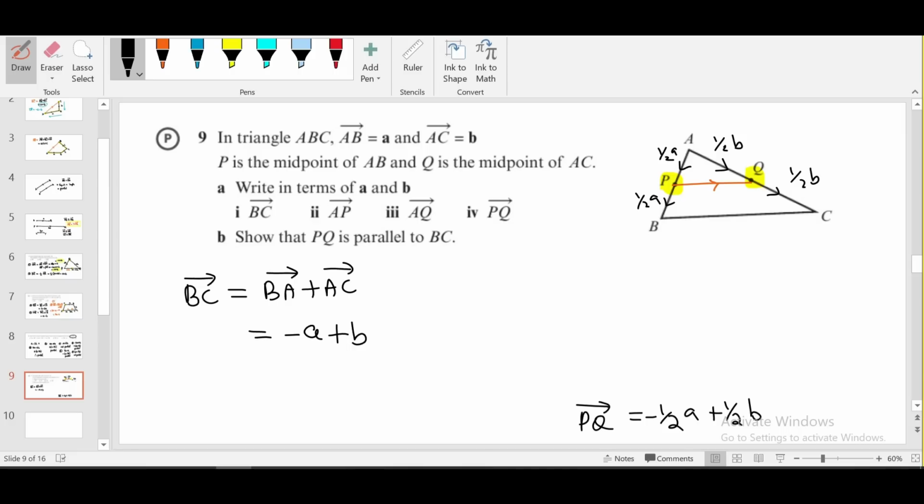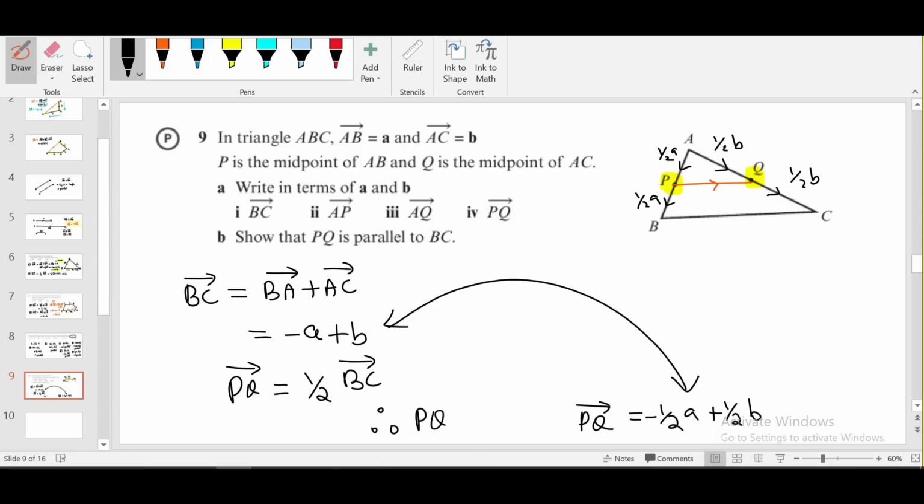Now look at these two vectors. Are they scalar multiples of each other? Yeah, just multiplying by half. So you can write the PQ vector is half times the BC vector, right? Yeah. Therefore PQ vector, you put these two lines that denote they are parallel.